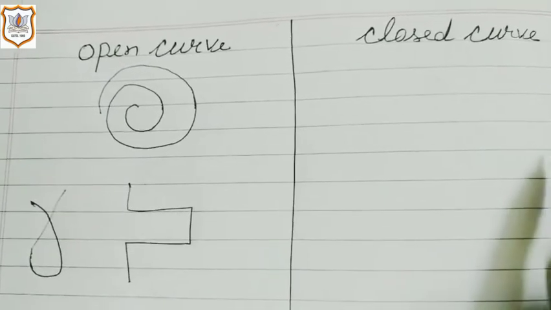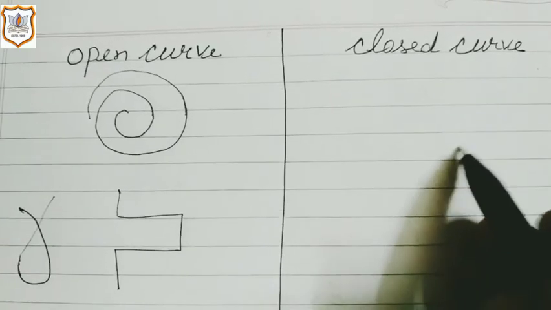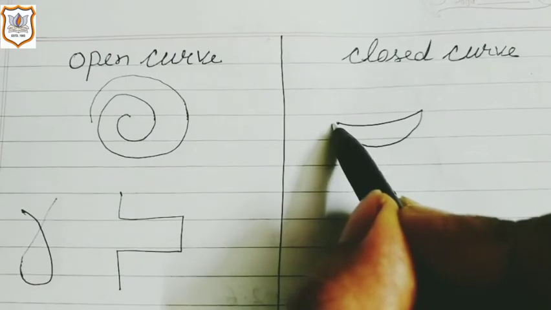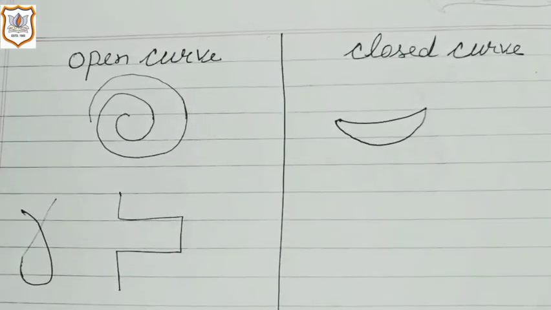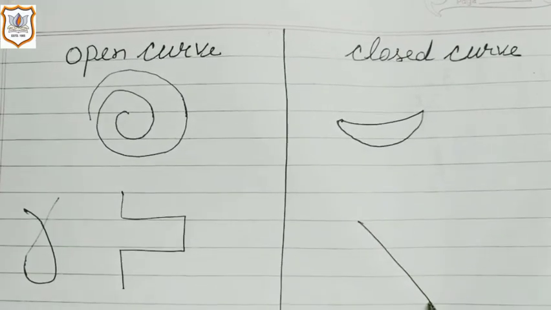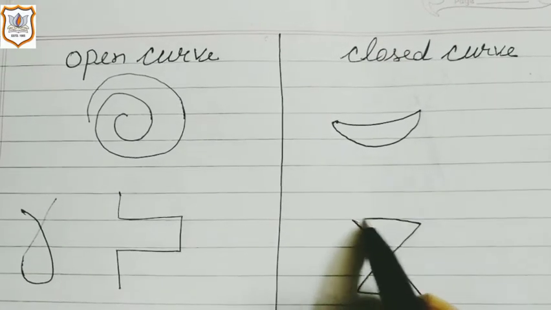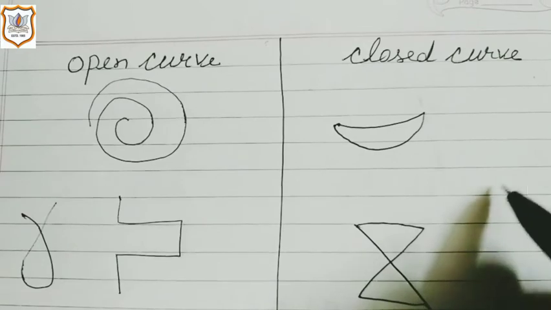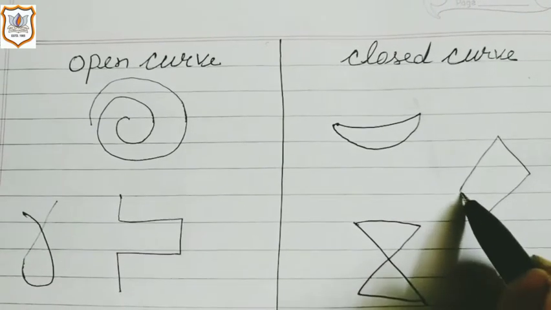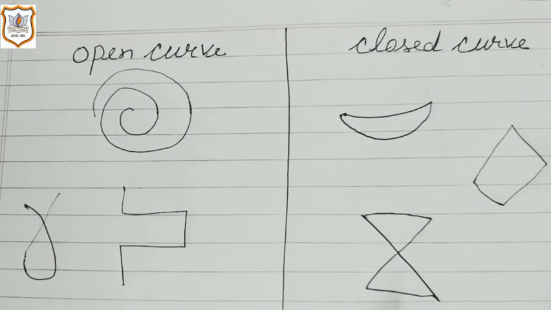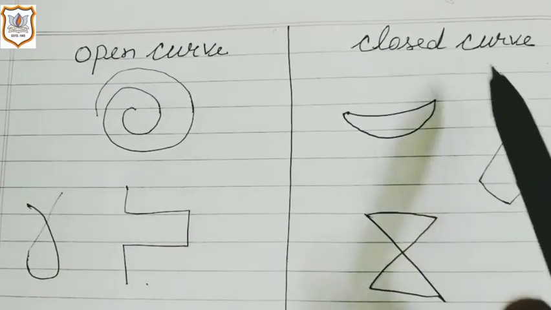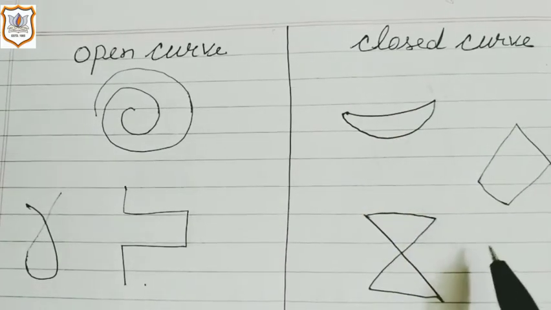And a closed curve, when we draw like this, is a closed curve. Like this is a closed curve. Like this is a closed curve. So students, these are open curves and these are closed curves.